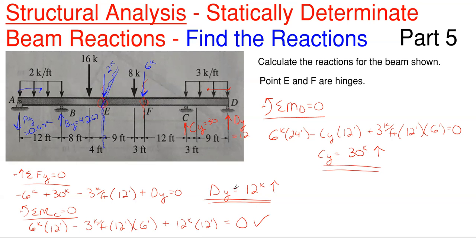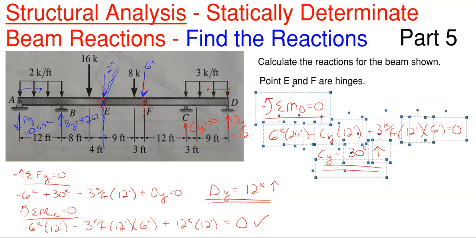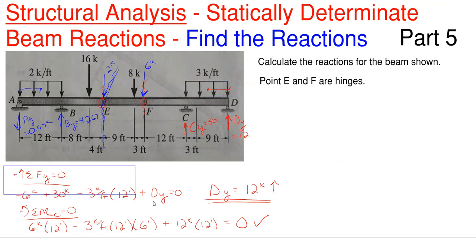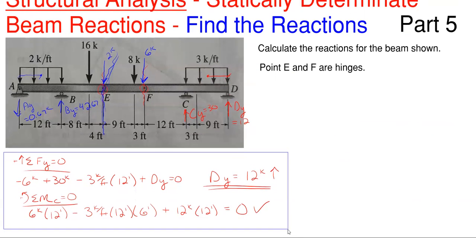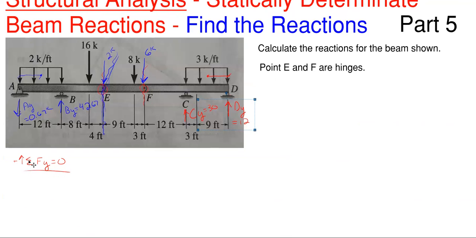So we have our reactions here, and you could stop here if you wanted to, but let's do an overall check to make sure that we have everything correct. So we're going to piece the entire member back together as shown in the picture here. We can't really check moments, because the hinges don't allow moment to move across, but they do allow the vertical forces to move across.